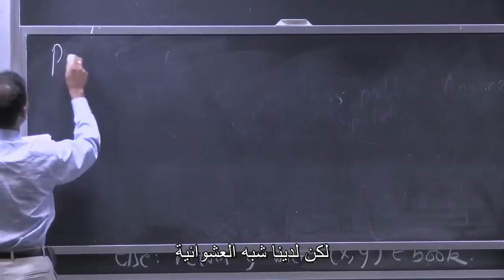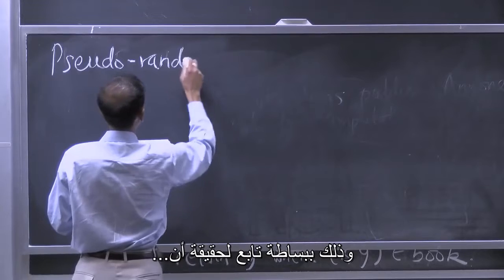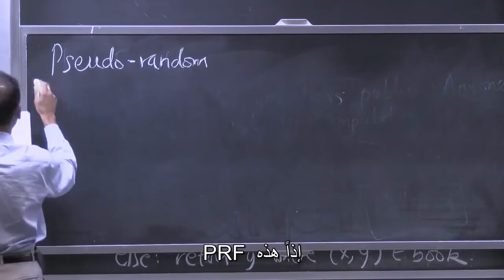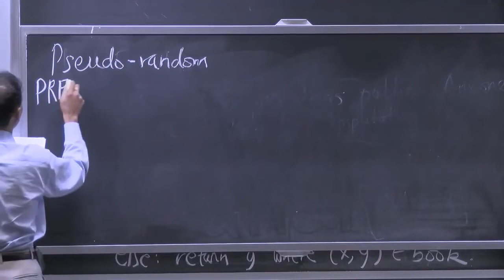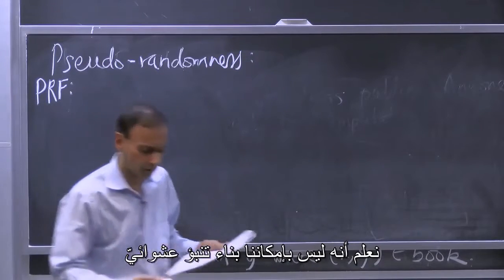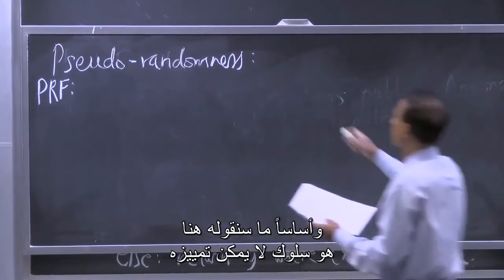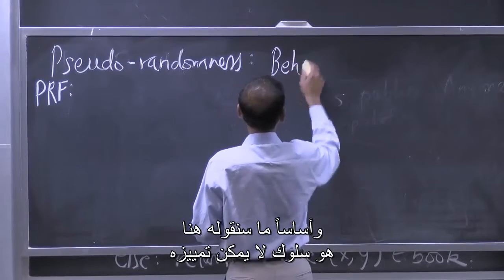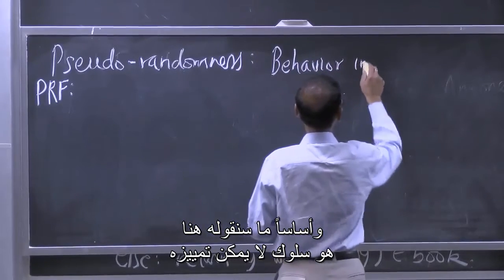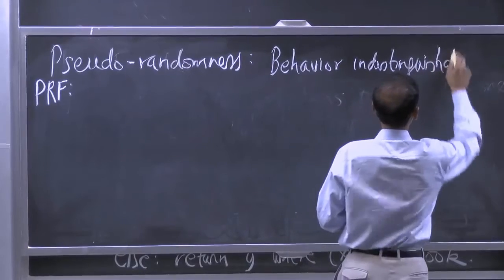But we have pseudo-randomness, and this is simply a function of the fact that, so this is PR, F. We know we can't build a random oracle, and so we're going to have to do something that's pseudo-random. And basically what we're saying here is the behavior is indistinguishable from random.